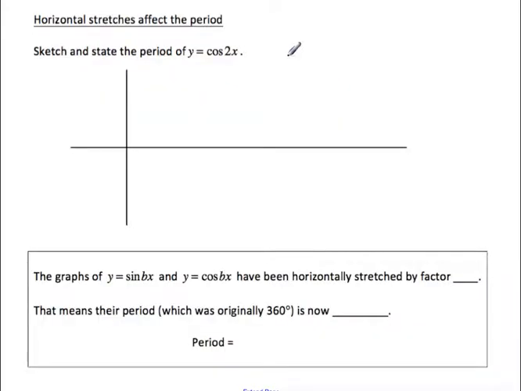Now let's look at horizontal stretches. We're asked to sketch and state the period of y is equal to cos 2x. Here we've changed to the cosine function to get a bit of practice with it as well. Again, let's draw the original function, the parent function, y is equal to cosine of x.